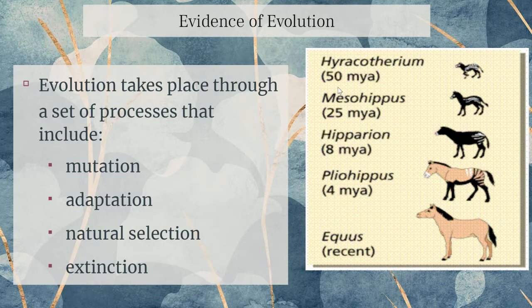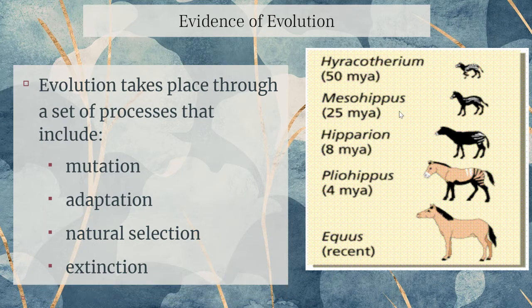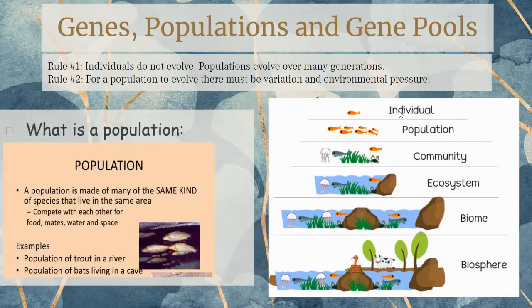If you look at the 50 MYA, the MYA stands for million years ago. So they've been able to find fossils for various stages of our horse, our Equus, our horse species, and you can see how much it's changed over millions and millions of years, not overnight.